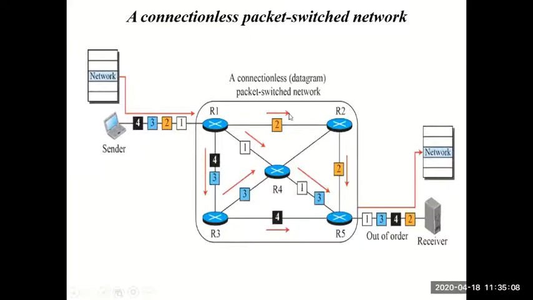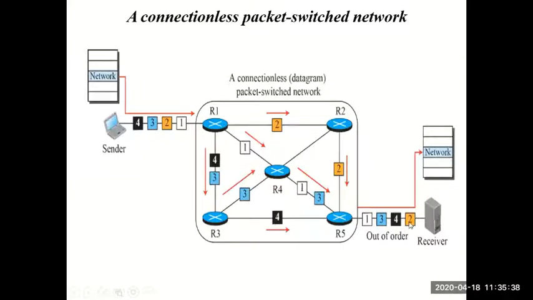Based on the situation at the router, like the queue at the router, the routing protocol used at the router, and multiple other parameters, every packet takes a different path. This is known as a connectionless packet switched network, and our network layer basically does this. But with all this, you can see the packets can arrive out of order at the destination.